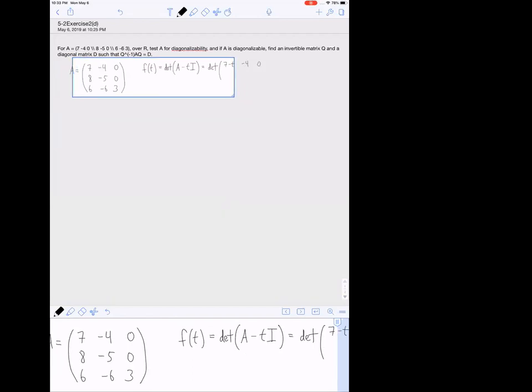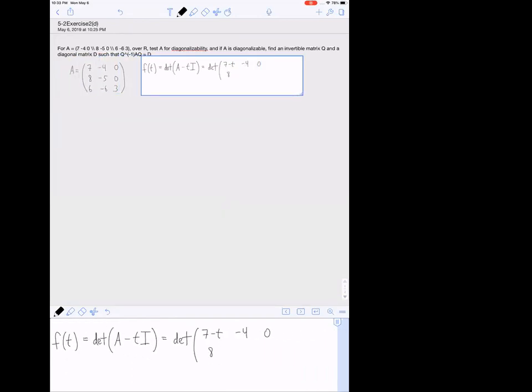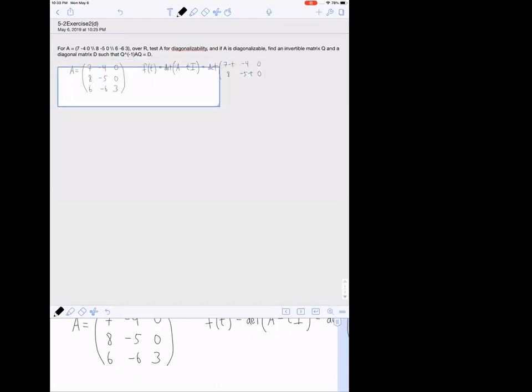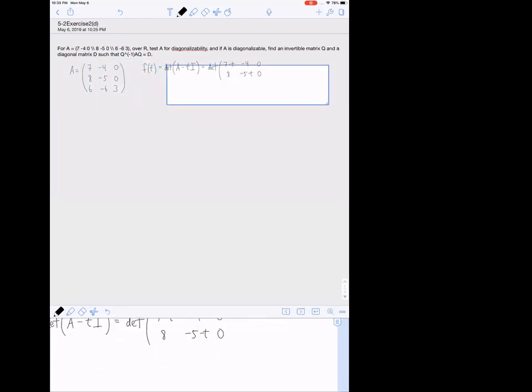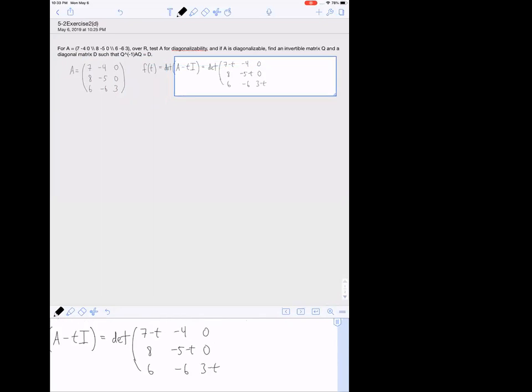The next row will be an 8, minus 5 minus T, and then a 0 again. And the final row will be a 6 unchanged, minus 6 unchanged, and a 3 minus T. All right, so there's the matrix we now need to find the determinant of.